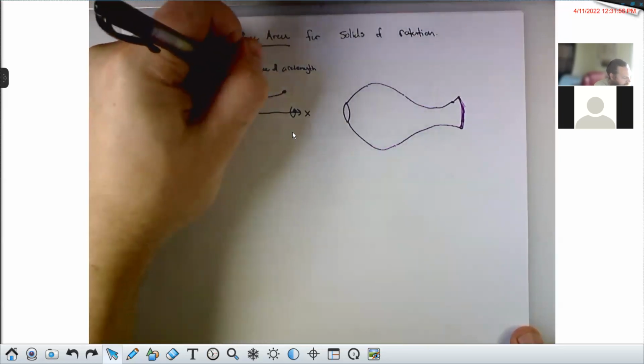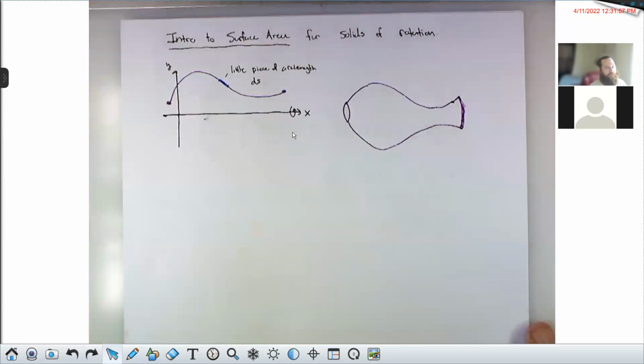And we call this ds. The standard notation for arc length is S, by the way. Your book uses L. I don't know why. It's really annoying. Everybody in the universe uses S for arc length. I think they wanted to avoid confusing surface area and arc length, but then they use ds and it's just bad. It's all bad.